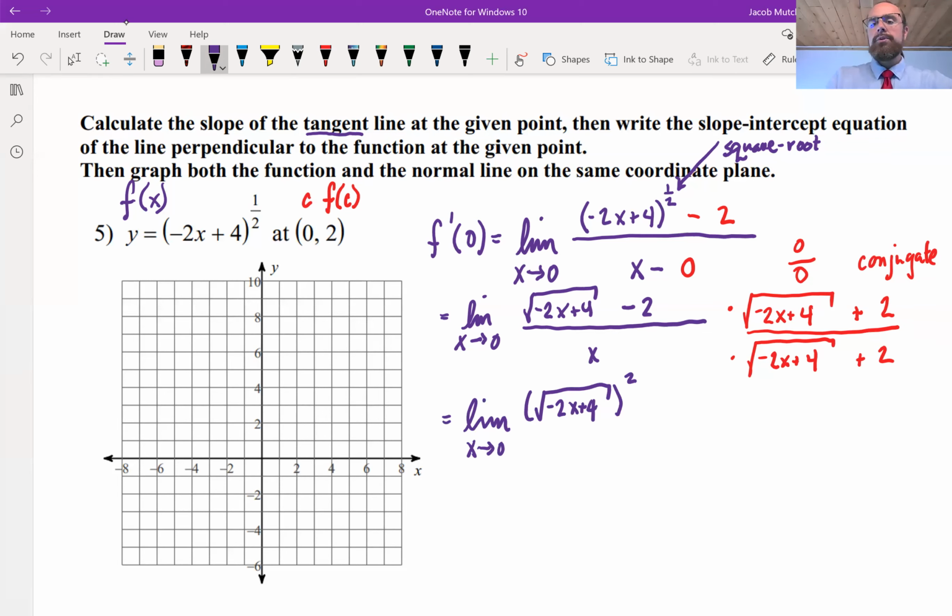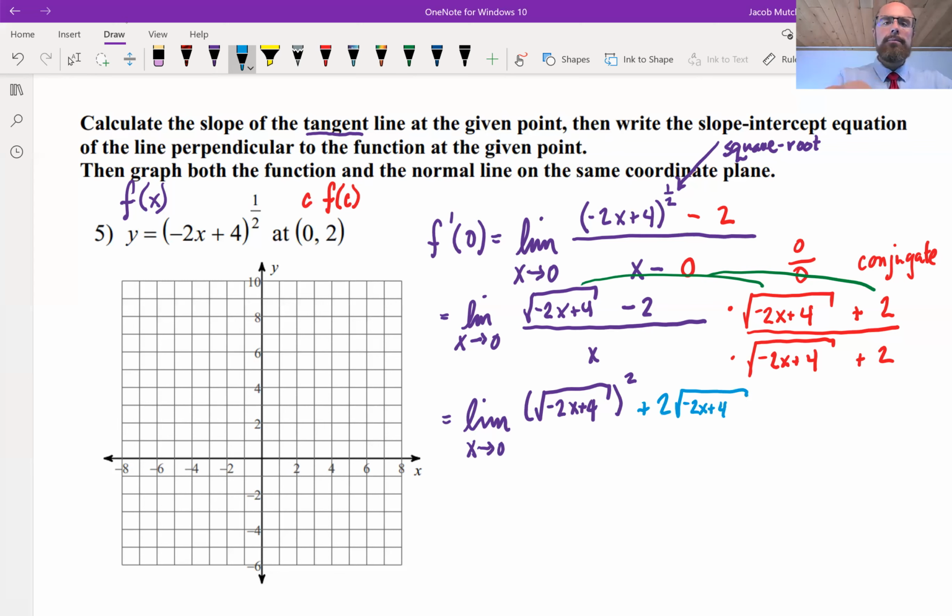My outer terms are, and I'll put these lines so that we can see what we're multiplying, plus 2 times, in fact, let me use a different color so we see that each of these terms is distinct, plus 2 times the square root of negative 2x plus 4.